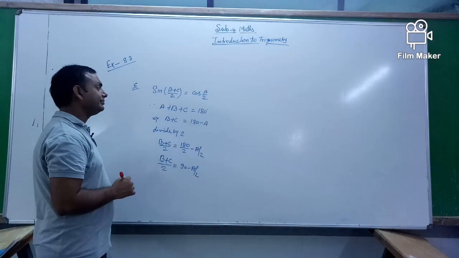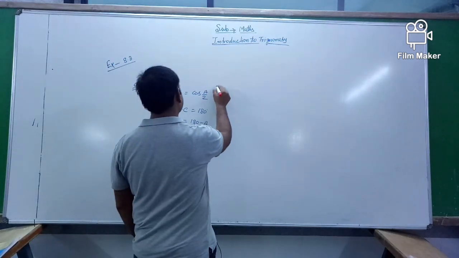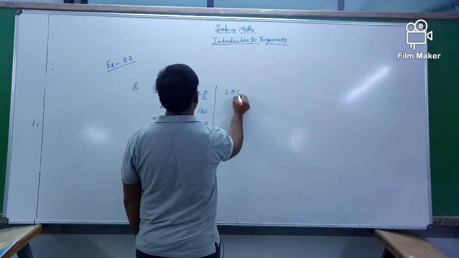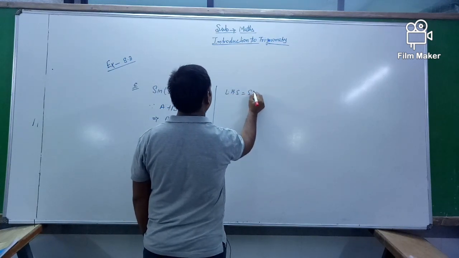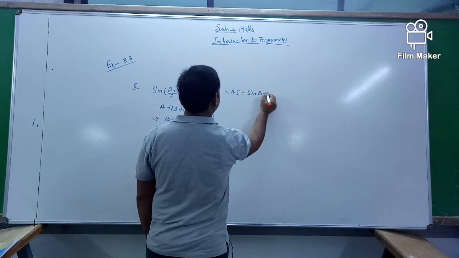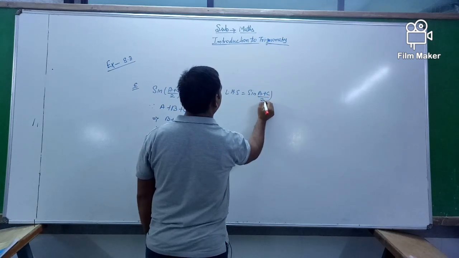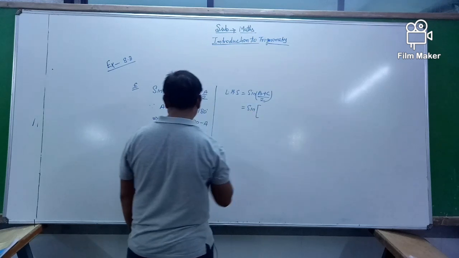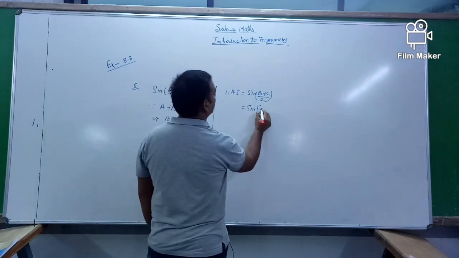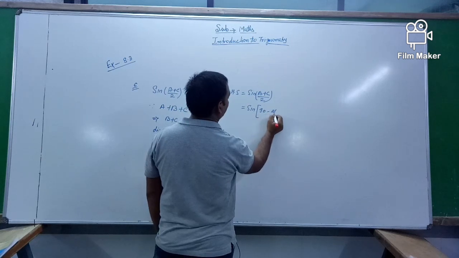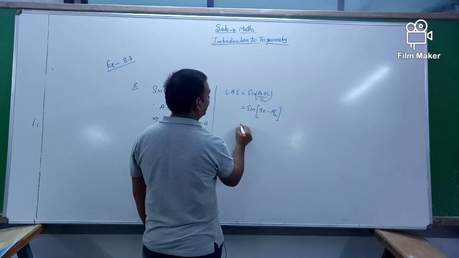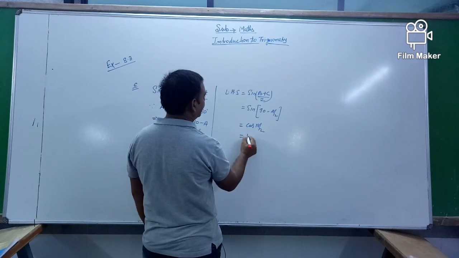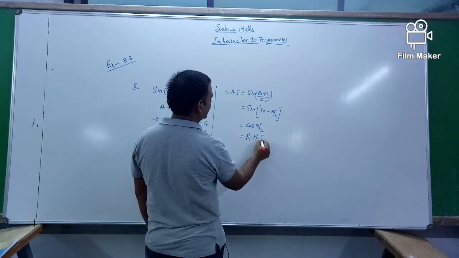Okay. So here you take the LHS. In the question, LHS is sine of (B plus C) by 2. It is equal to sine of 90 minus A by 2. Sine 90 minus theta is cos theta, so cos A by 2, and that is equal to RHS.